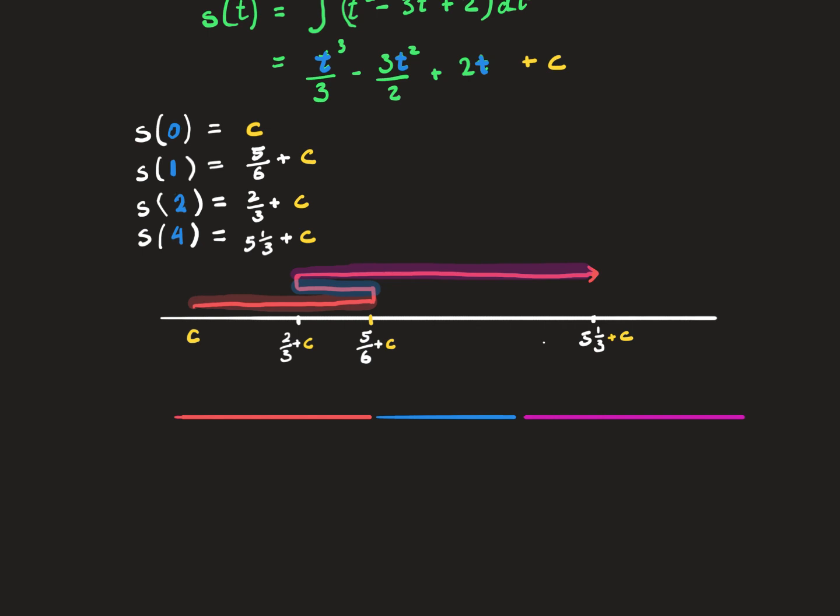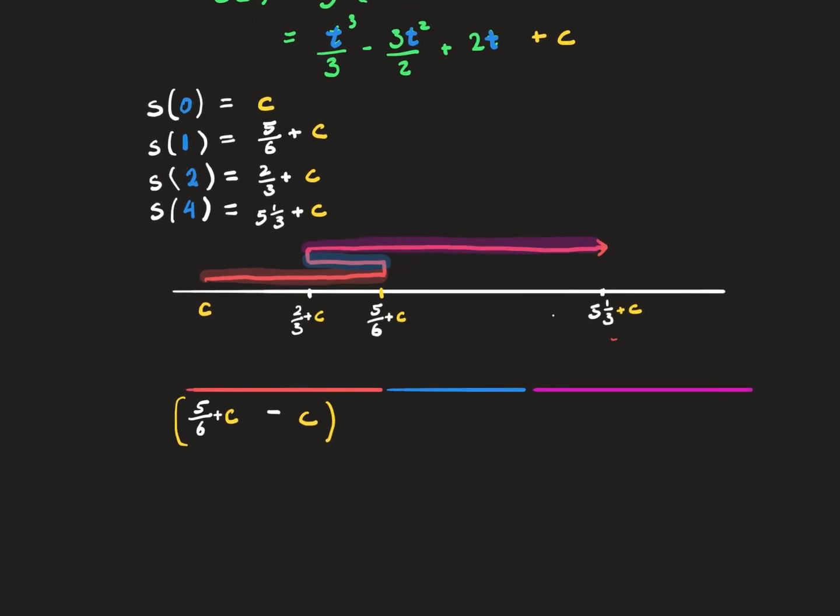In the red section, we've got a distance of 5 on 6 plus c, and we need to take away c from here to here. With the second part, we are looking at this small distance from here to there.